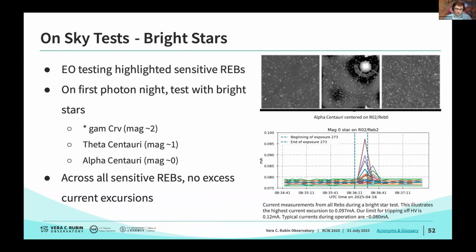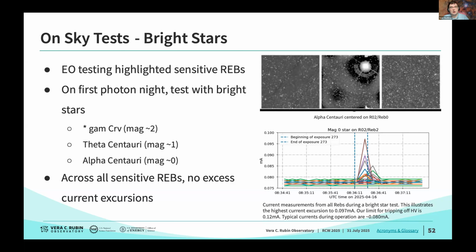The first test that we did on the night of first photon was evaluating our sensitivity to bright stars. During the electro-optical testing period of late last year, we identified some sensitive readout electronics boards, or as we call them, REBs. These REBs were sensitive due to higher than normal currents, causing the high voltage that we normally apply to the CCDs to be tripped by our safety limits.